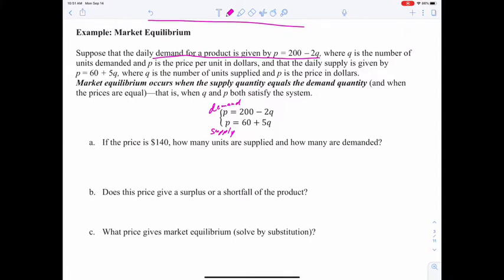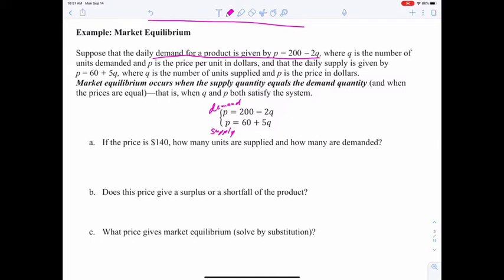That's that equation where Q is the number of units supplied and P is the price in dollars. Market equilibrium occurs when the supply quantity equals demand quantity and when the prices are equal. That is when Q and P both satisfy the system.